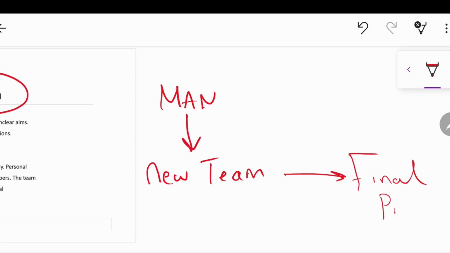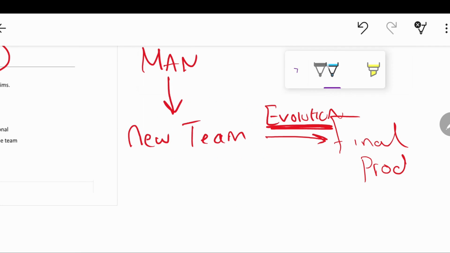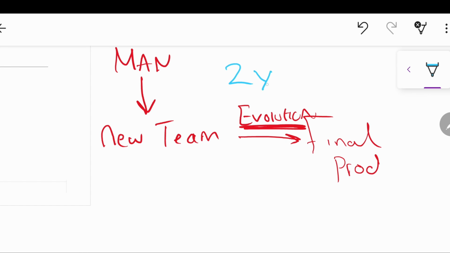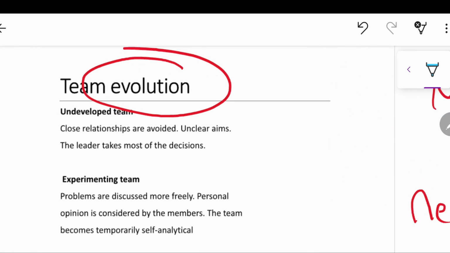This evolution here has certain stages. Usually this evolution takes around 2 years to fully mature. All right, so let's see the different stages.